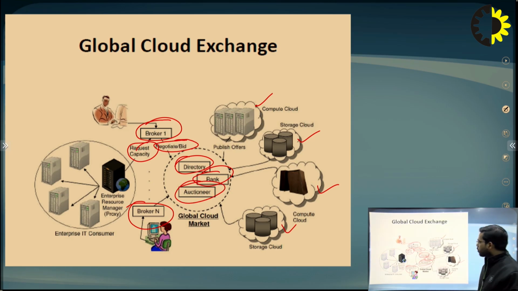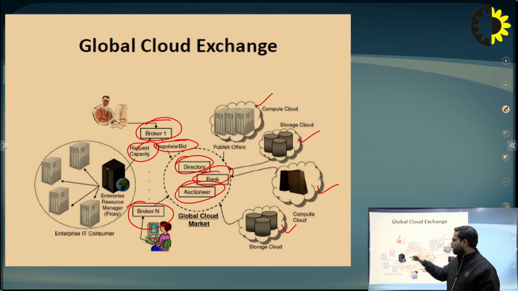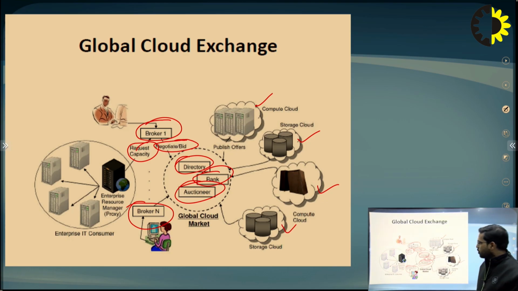So all the brokers send requests to the enterprise IT consumer that provides the services. These are the published offers, the offers provided by the compute cloud, and these are the storage where we have to store the data.